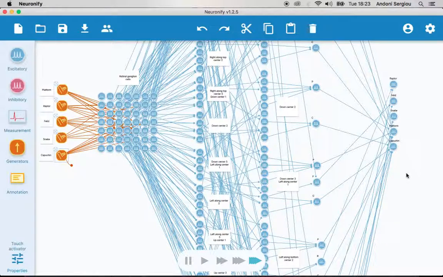But a final point to make on Capuchi-Net is these output neurons here for representing raptor, felid, snake, platform and capuchin were precisely what we saw in a previous video I made on how capuchins interpret signals in different contexts.